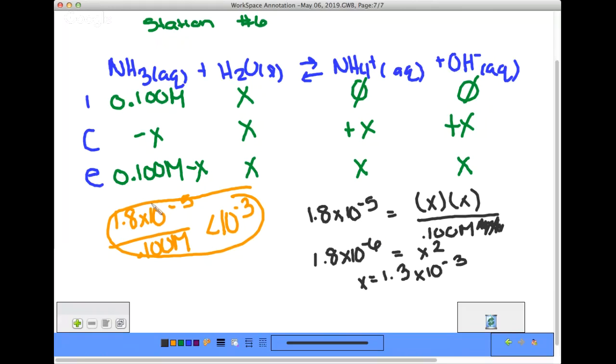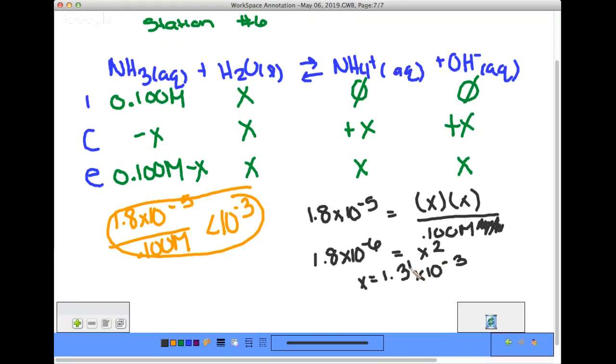Let's see. So if I have 1.8 times 10 to the negative fifth, and we're going to take the square root of that. Oh, wrong one. Sorry, you guys. 1.8 times 10 to the negative 6, square root. 1.34.